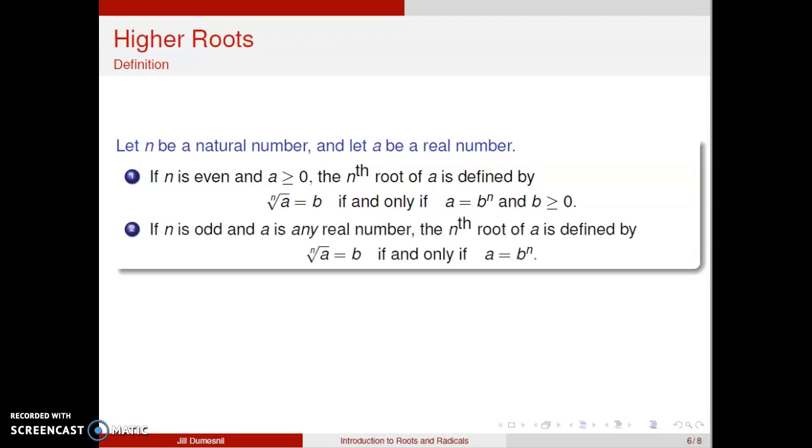If n is odd and a is any real number, then the nth root of a is the real number b for which b to the n is a. When the index is odd, there is no restriction that the radicand, or the nth root, be non-negative.